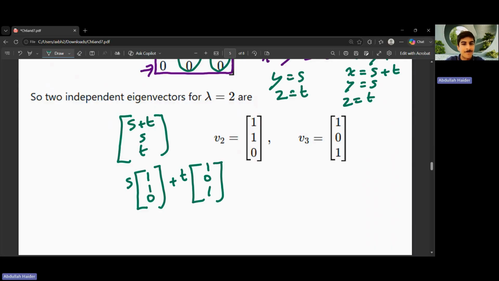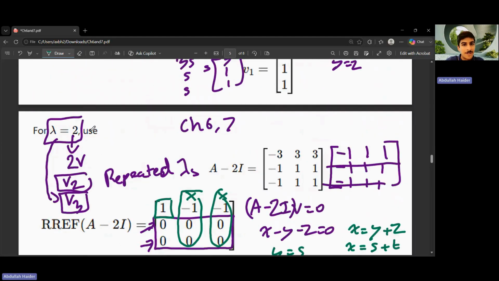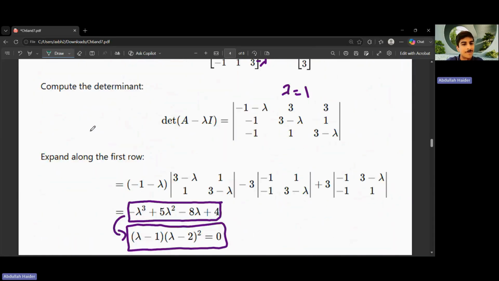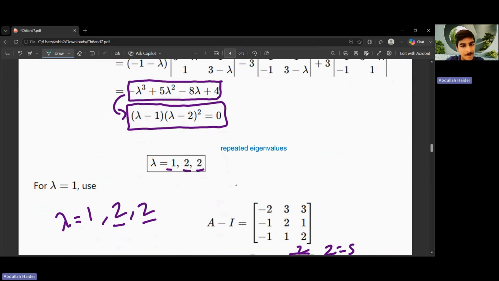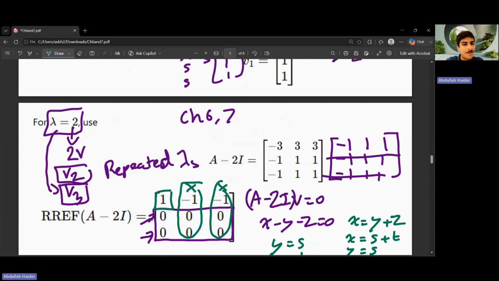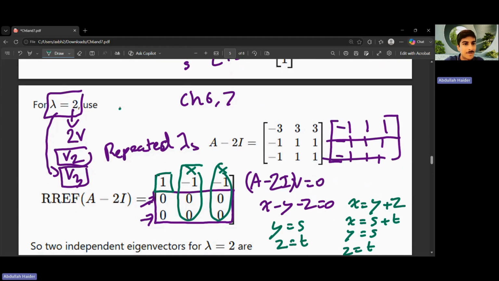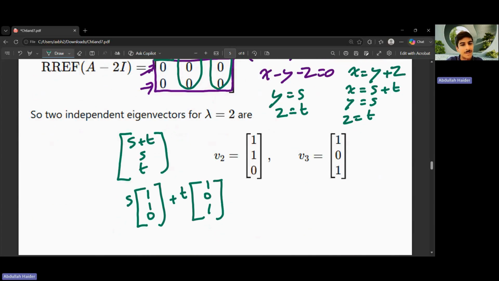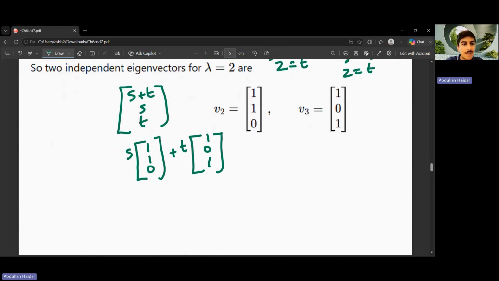So basically this is exactly like chapter 6, except the only difference was you have repeated eigenvalues, and for these repeated eigenvalues, always remember that you had 2 which is repeated, meaning you will have 2 eigenvectors, 2 rows of full zeros, and 2 free variables. That's the only difference.